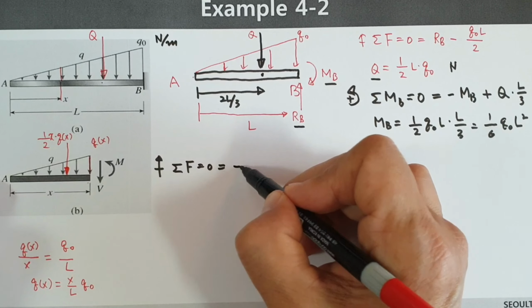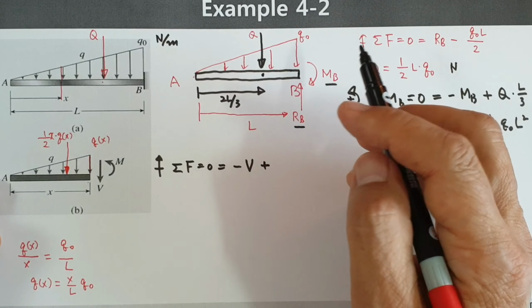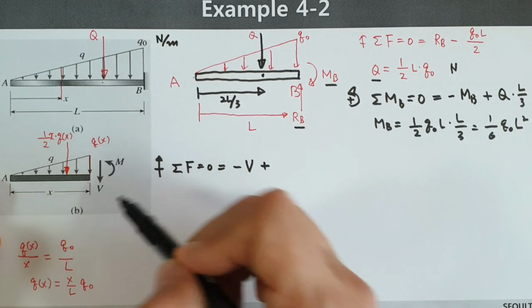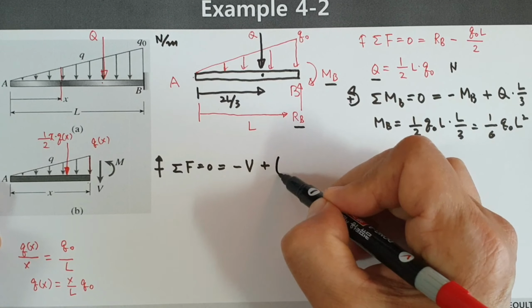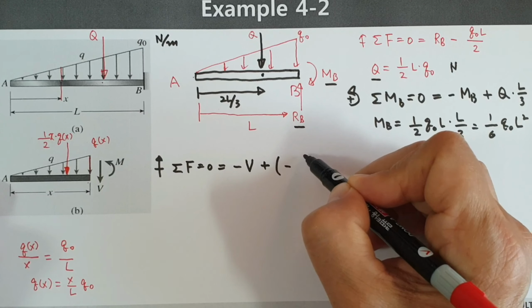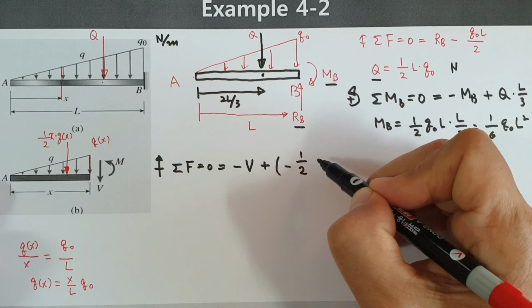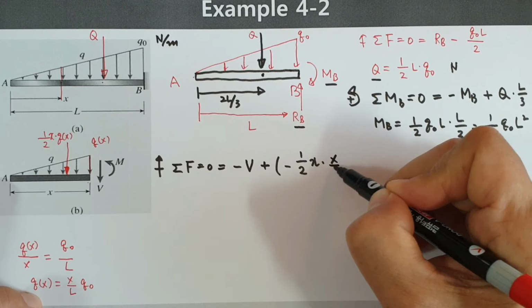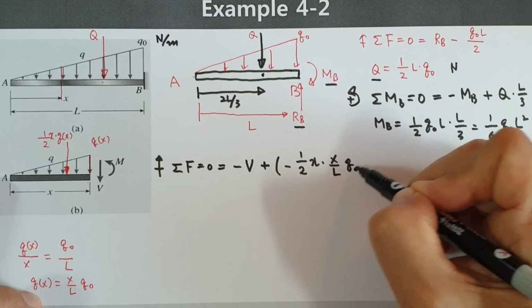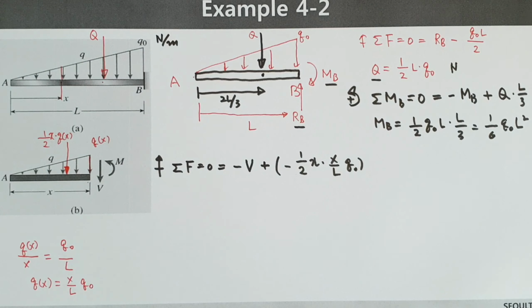Then minus V, plus downward, this one is also minus, because we defined this one, minus 1 over 2 X, QX is X over L Q0.